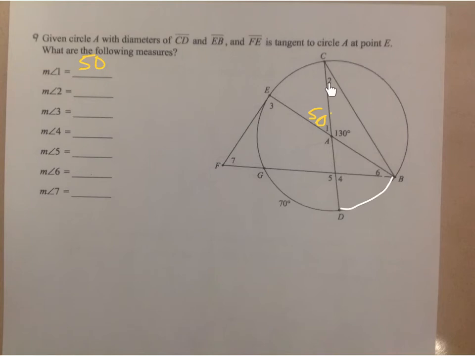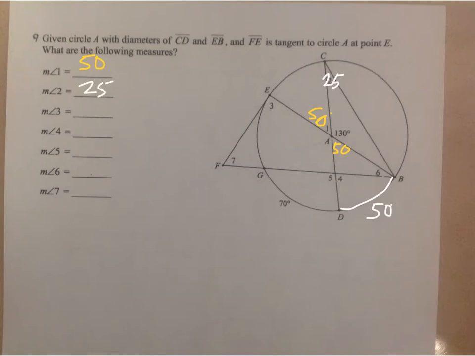Since angle 2 is an inscribed angle, if I find this arc, this angle will be half as much. Well, I do know that arc because of vertical angles. This is 50, and because 50 is a central angle, the arc also has to measure 50, which makes angle 2 half as much, or 25.